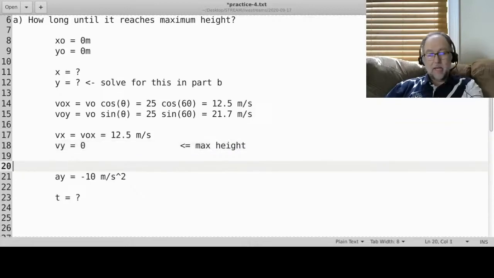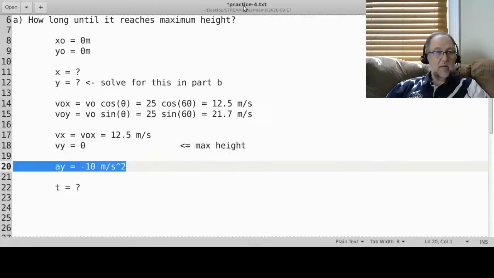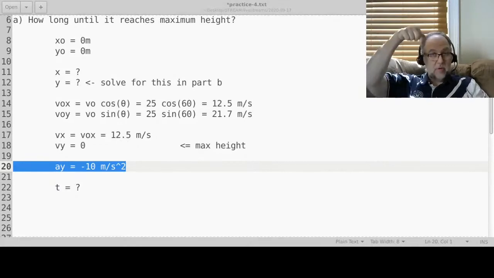Now the acceleration, ay, is straight down, in the negative y direction. There's no ax. I didn't write ax is equal to 0, but you could. It's just not necessary, it's not part of the equations. So ay is negative 9.8, but in this course we're rounding it off to negative 10, so negative 10 meters per second squared.